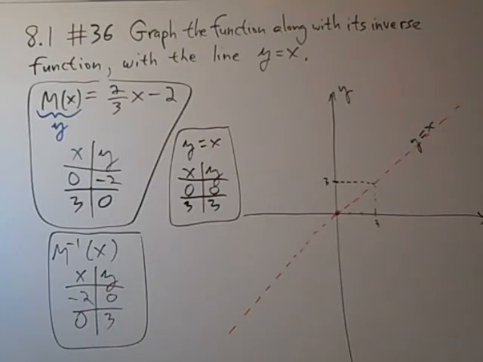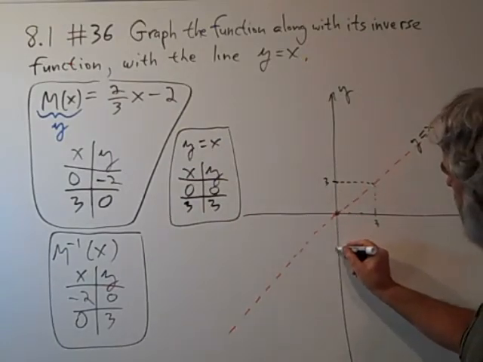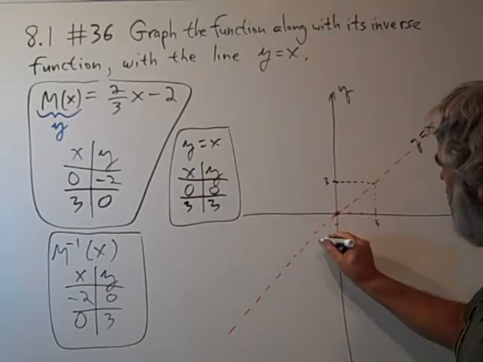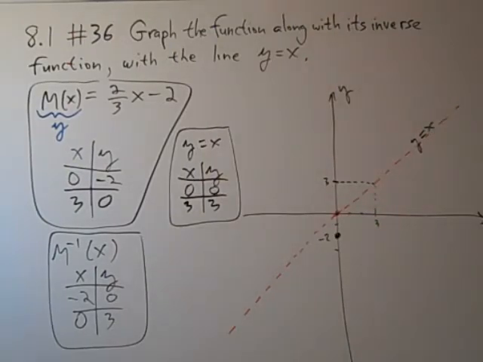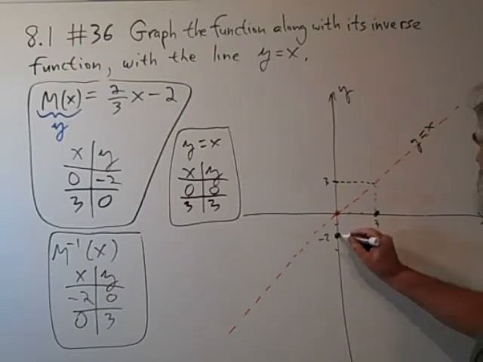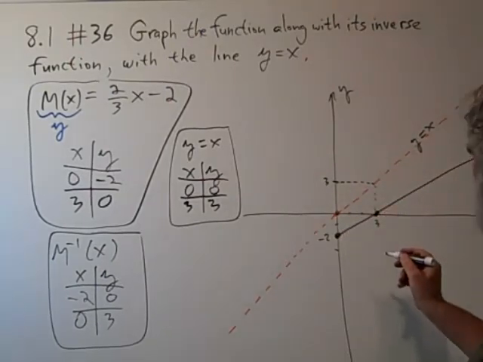Anyway, let's now graph the line m, the function m. So 0, -2 is the y-intercept at -2, -3, so -2 is right about here. And the x-intercept is at 3, 0, so this line goes through these 2 points. So the line looks something like this.